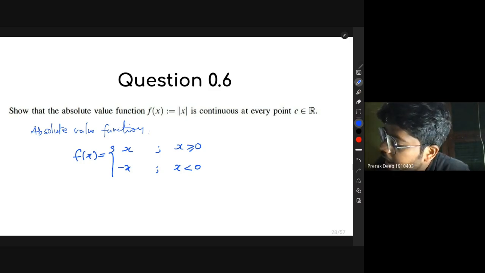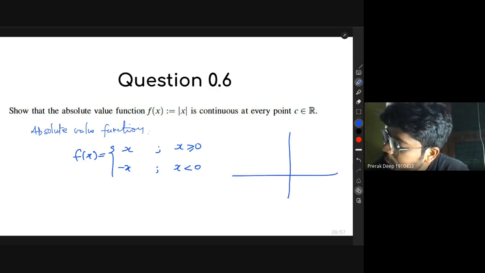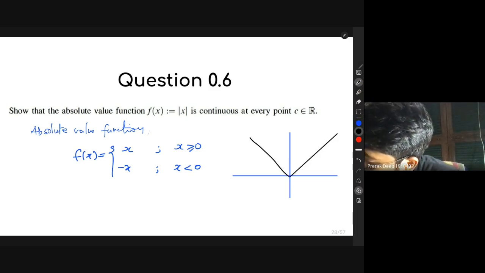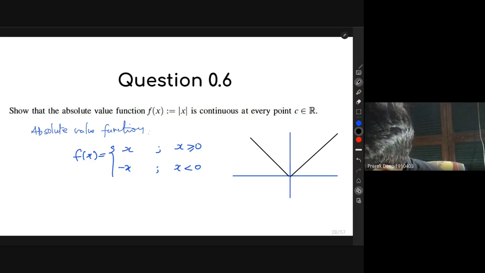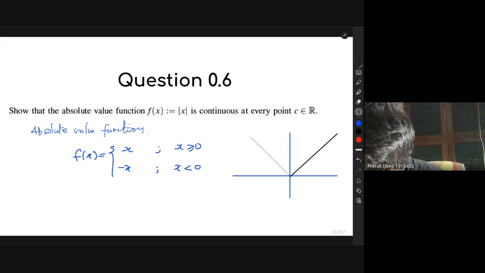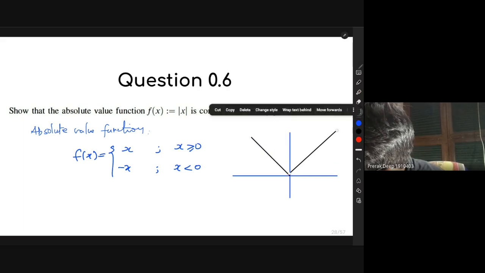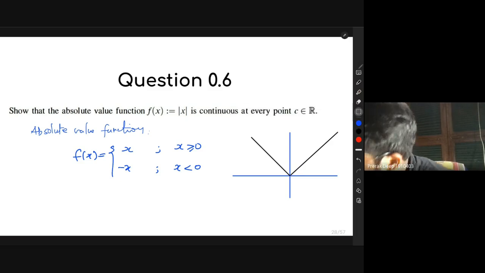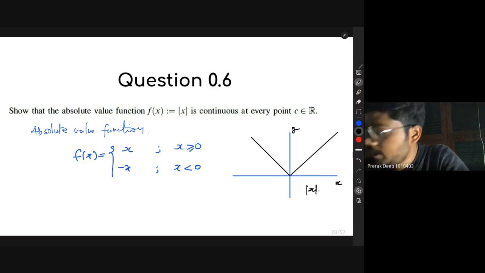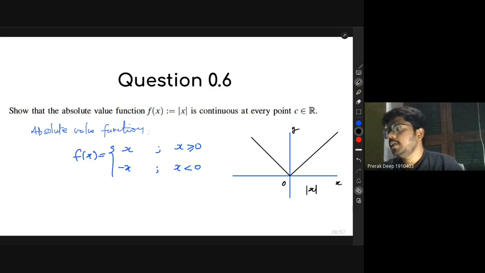If you try to look at its graph, it will look like this. This is the y-axis, this is the x-axis, and this is the graph of mod x. This is the origin. So this is how the actual function graph will look.